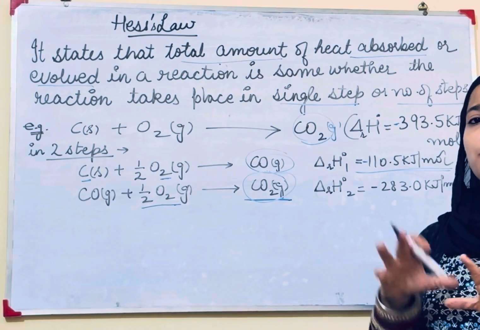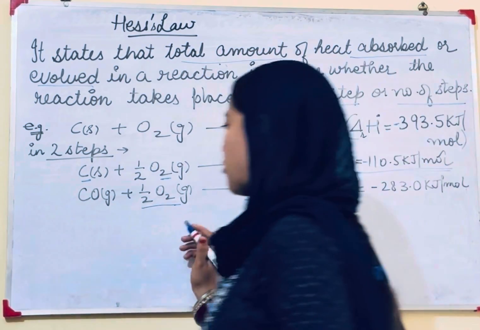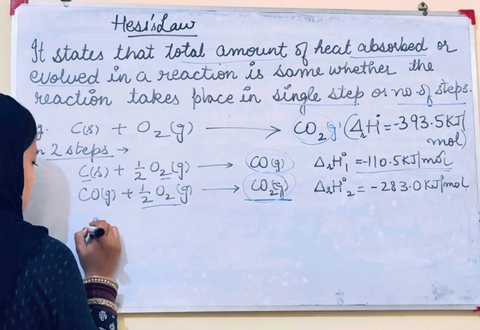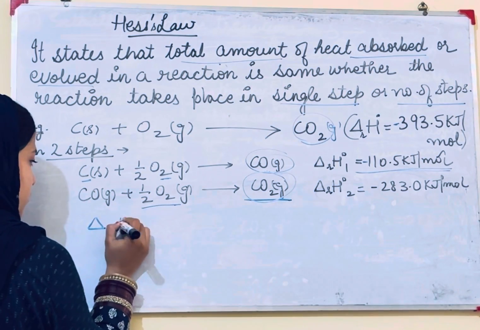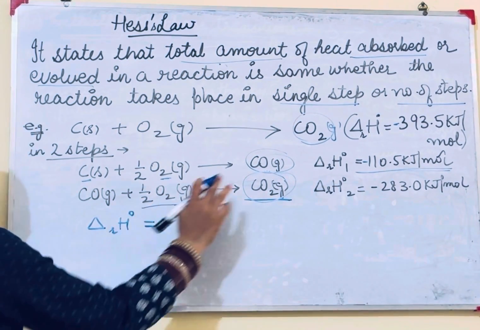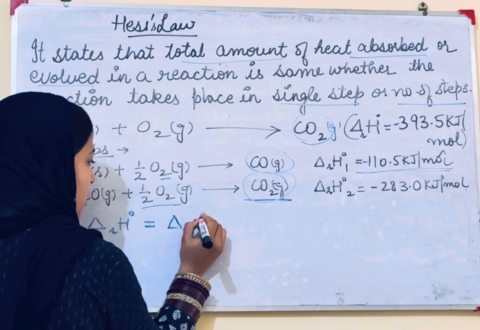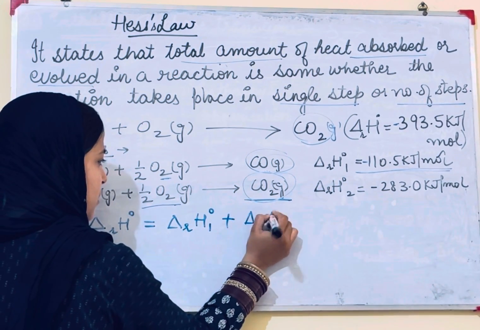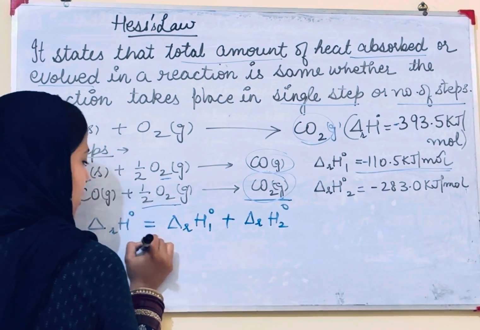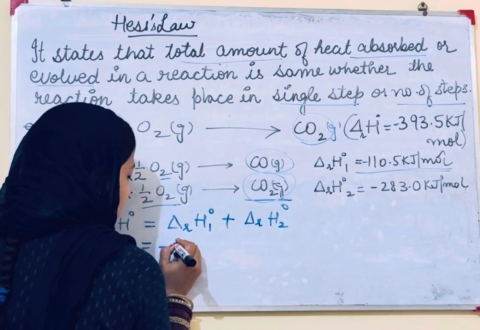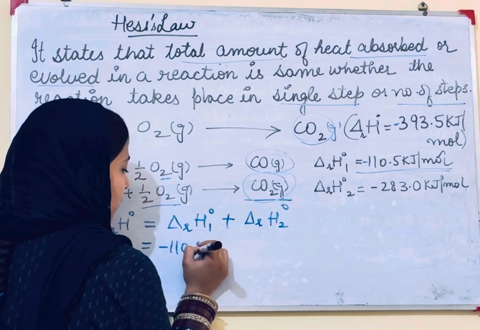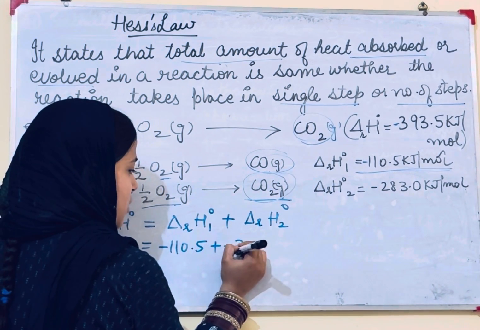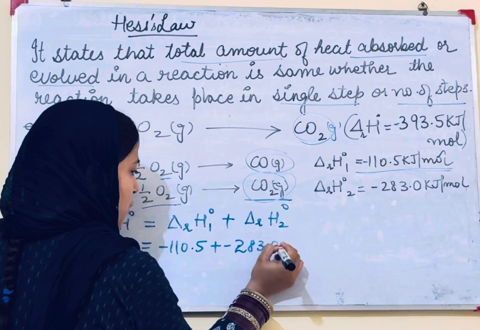Now if we want to calculate the complete enthalpy of reaction, what we have to do is: the enthalpy of reaction will be equal to ΔH1 plus ΔH2. Now put the values: minus 110.5 plus minus 283.0.